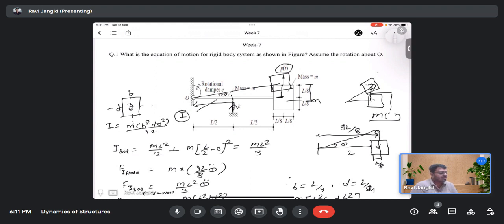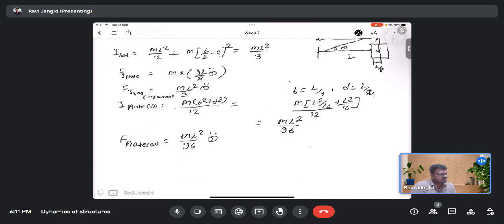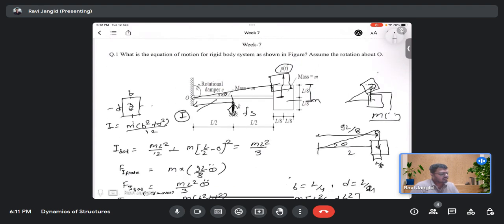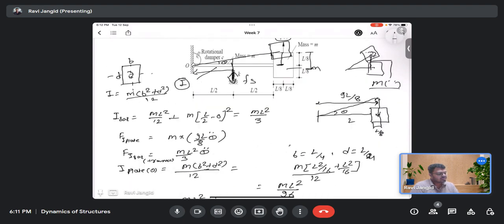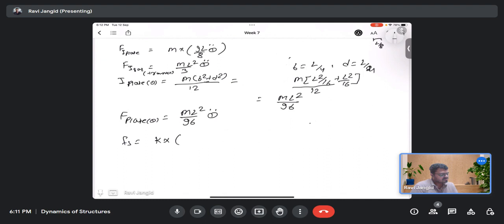If I apply force Pt here, there is a resisting force downward, Fs. Okay, and Pt is there. So Fs would be k times my displacement, which is L by 2 into theta.